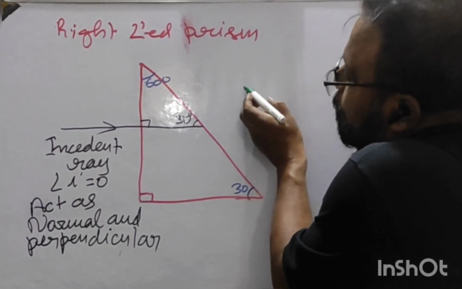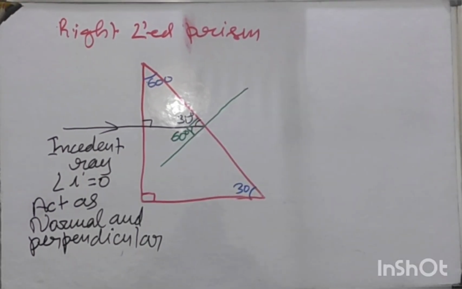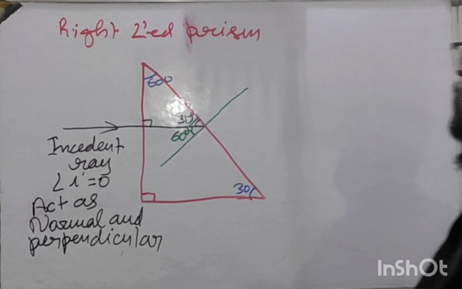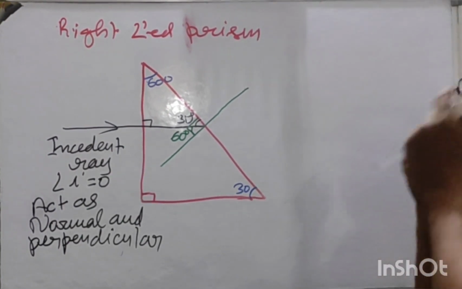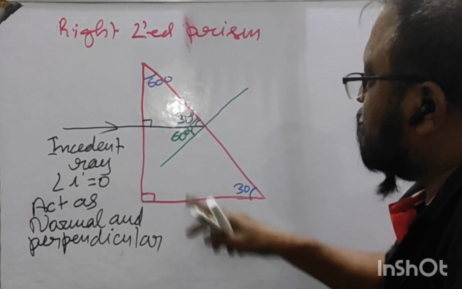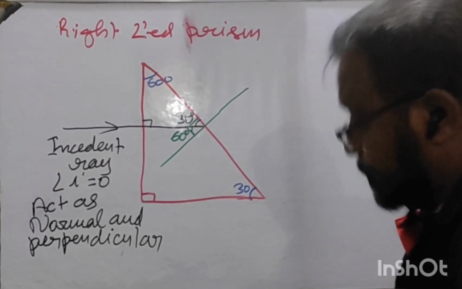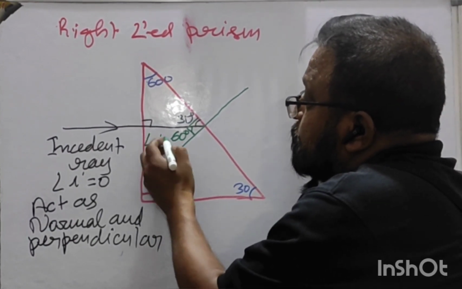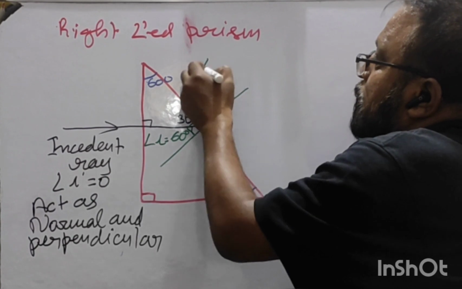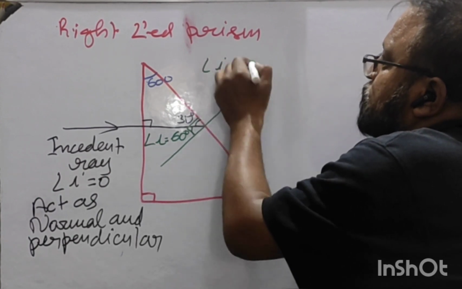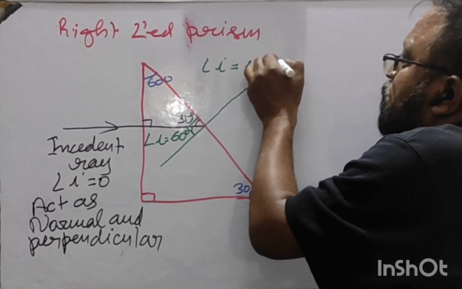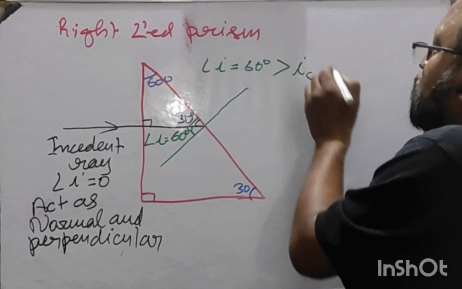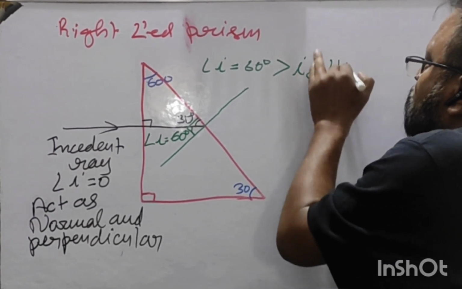So if you take the normal now, so now this is perpendicular. This is the angle of incidence, so the angle of incidence is 60 degree. Angle i is equal to 60 degree, therefore greater than IC of glass, that is 42 degree.